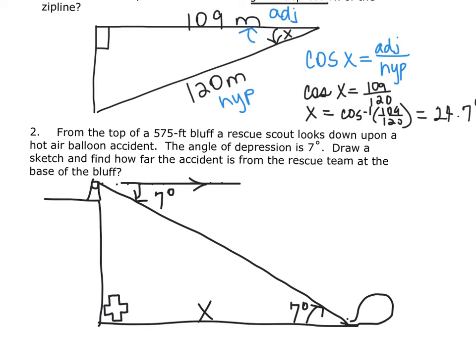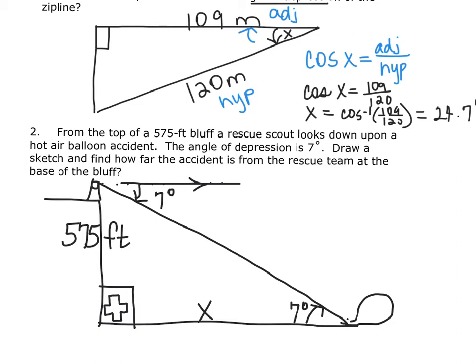Now I can figure out what my trigonometric function is. We also know that the top of our bluff is 575 feet.